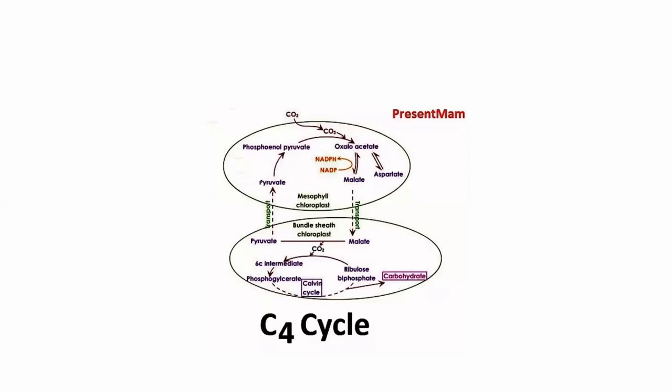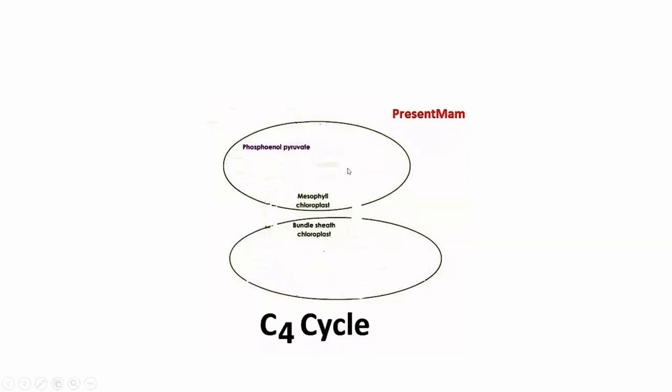Okay, this is how the cycle is completed. When you go through this slide, once I have told you, again you see the carbon dioxide comes, and then another carbon dioxide molecule will accumulate here, and then it takes oxaloacetate, then it comes to aspartate, then malate.